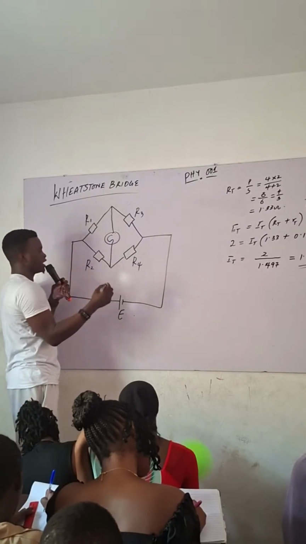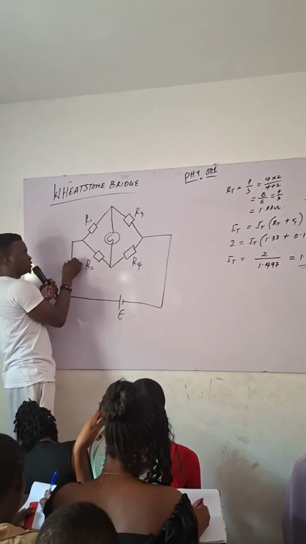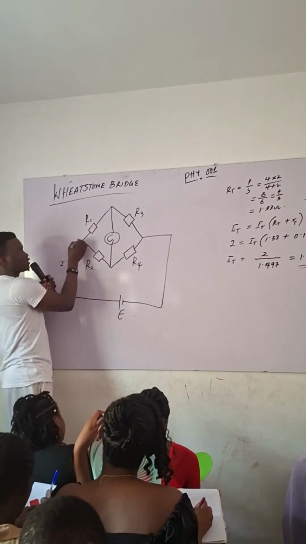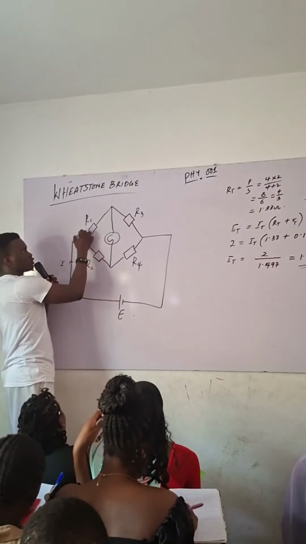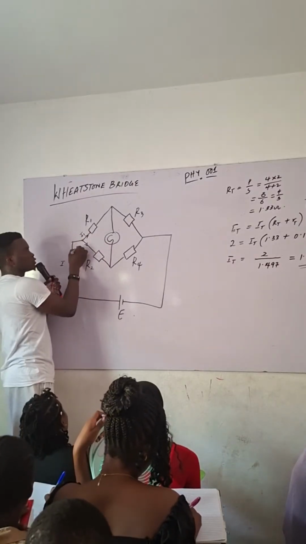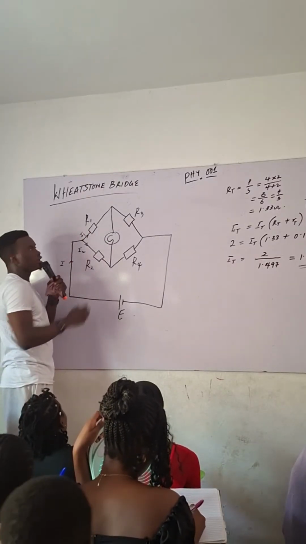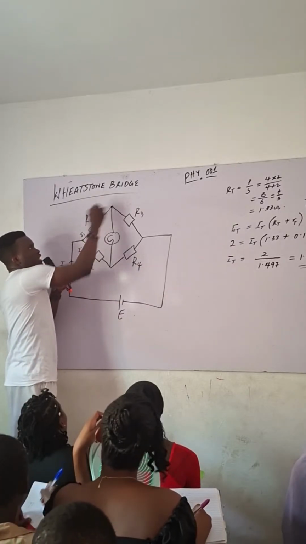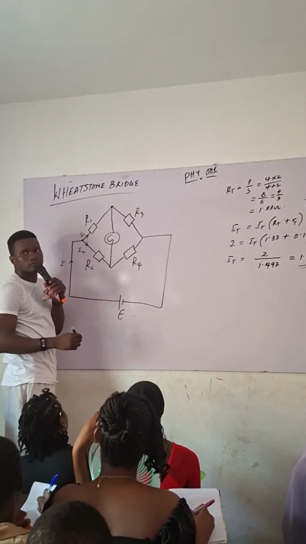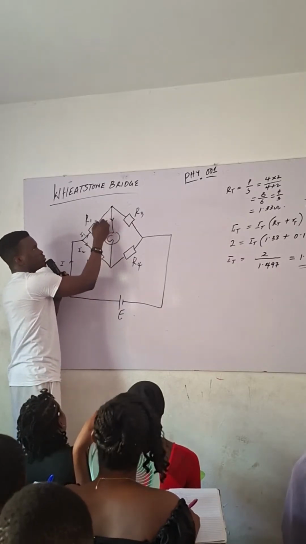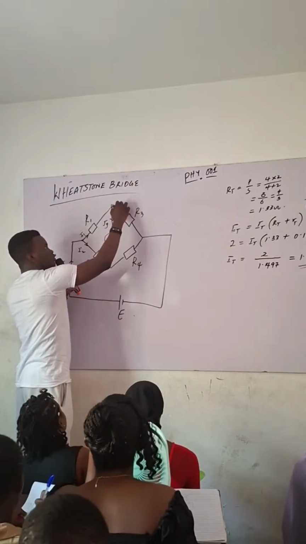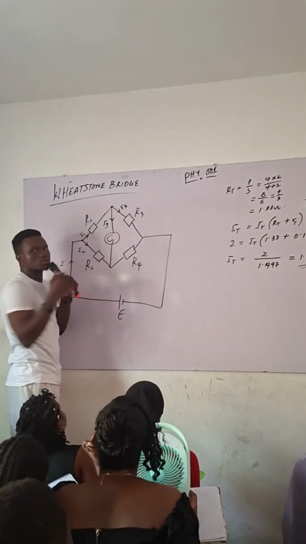Let me say that this current is coming, everybody. When the current gets here, what will it do? It will divide. A current will go through I1, and current will also go through I2. When this I1 gets here, what do you expect it to do? To divide now, once you go through the galvanometer and the third resistor.